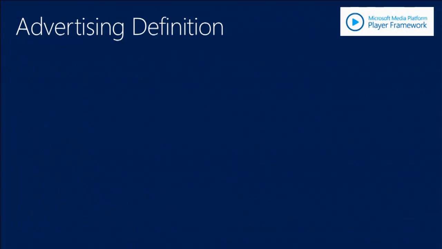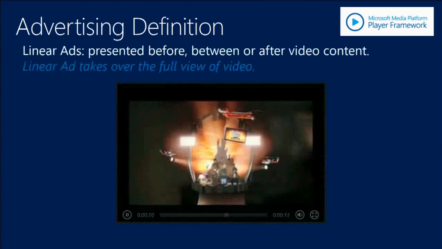OK, so that's for DASH. Let's look at advertising now. Advertising is important because it's a way to monetize the content. Let's look at the definition of advertising and what types there are. The first type of advertisement is what we call linear advertising.